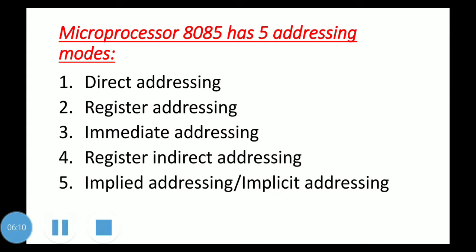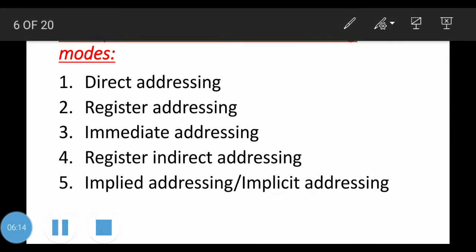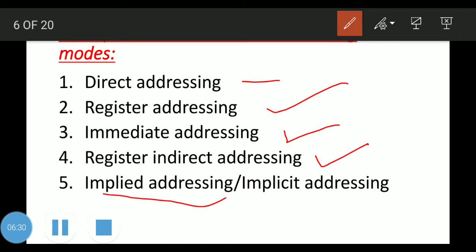Now read this: direct addressing mode, register addressing mode, immediate addressing mode, register indirect addressing mode, implied addressing mode or implicit addressing mode. In some books you can find implicit addressing mode, in some books you will find implied addressing mode. Both are the same.